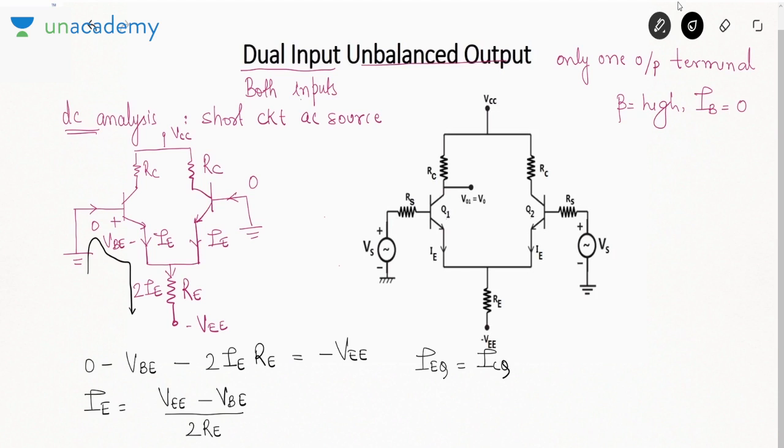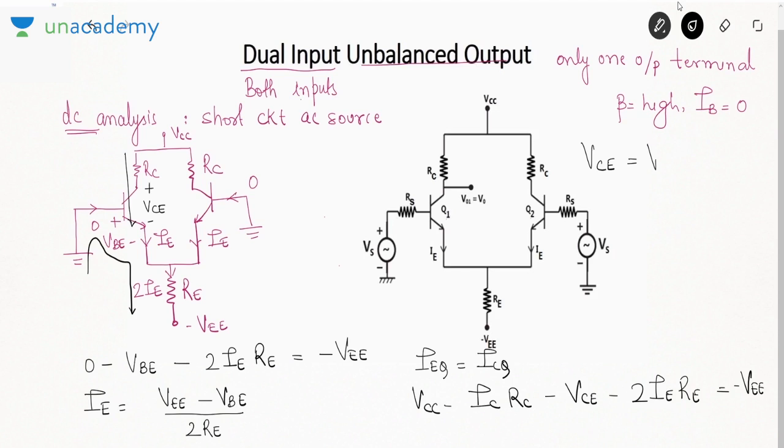But what we also want in DC analysis is the collector to emitter voltage. For that I'll apply KVL like this. So I'll write VCC minus IC into RC minus VCE minus 2IERE is equal to minus VEE, which means I can write VCE equal to VCC plus VEE minus IC into (RC plus 2RE).